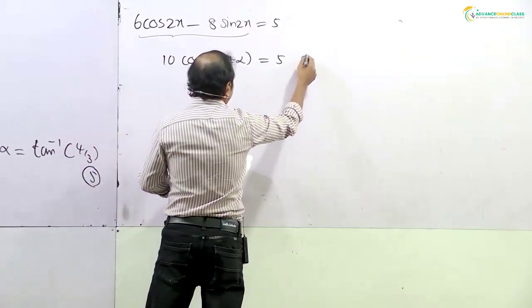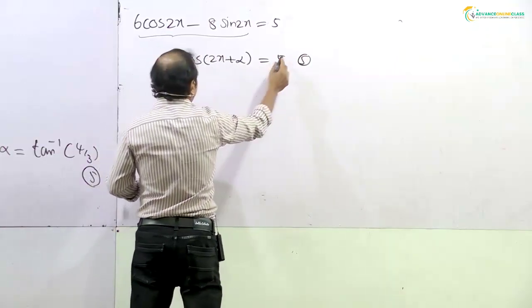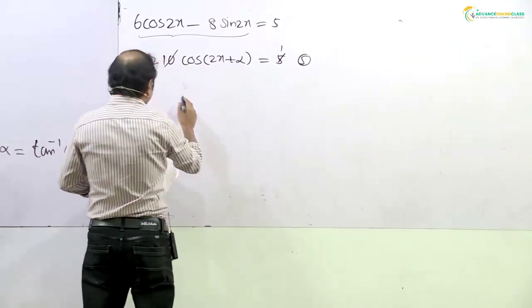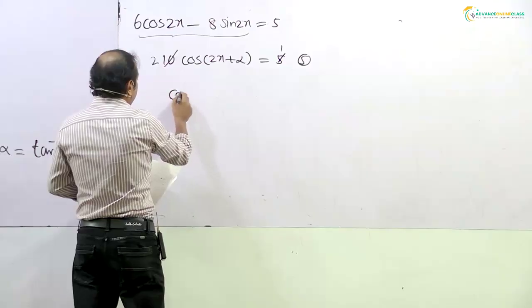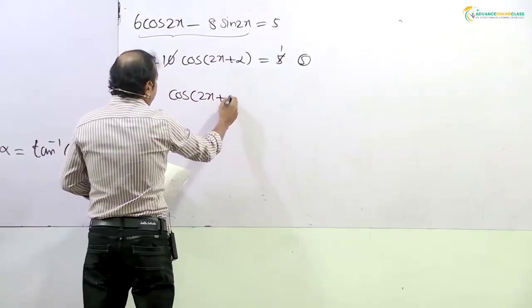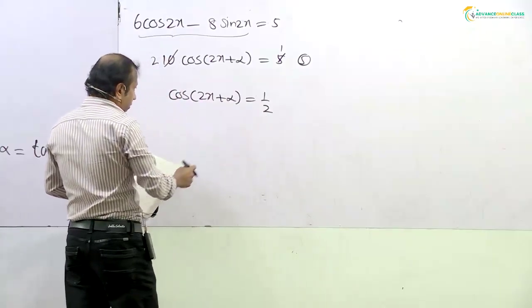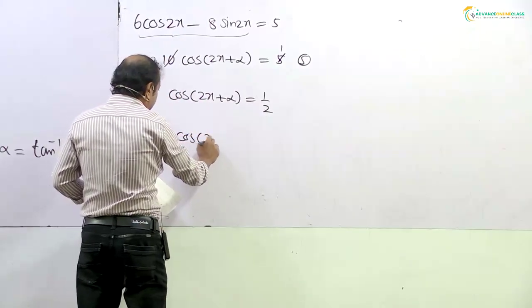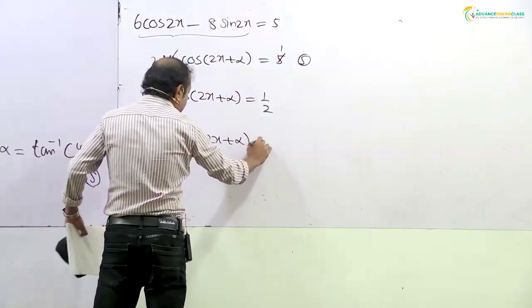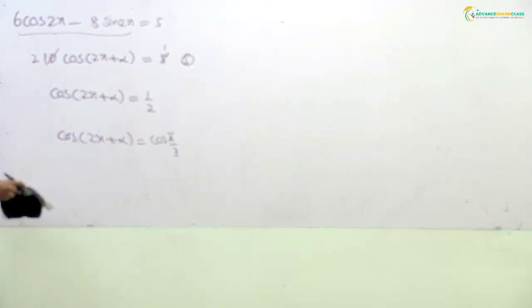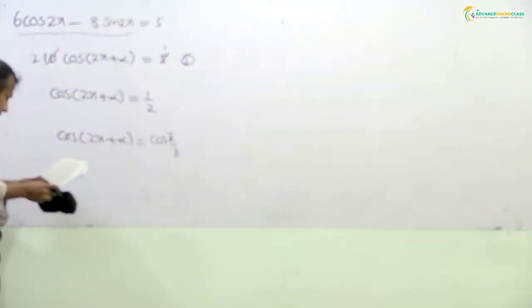For this 5, cancel this and this: 1 here, 2 here. We get cos(2x plus alpha) equals half. Then we can write cos(2x plus alpha) equals cos pi by 3. For this also 5 marks.